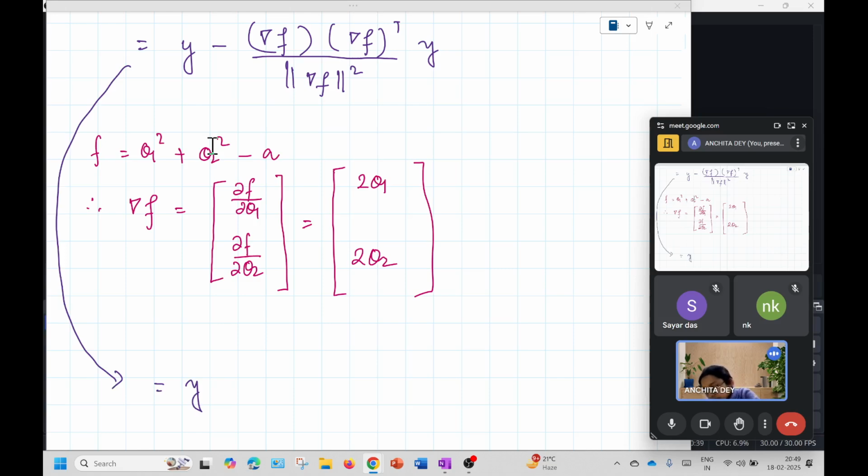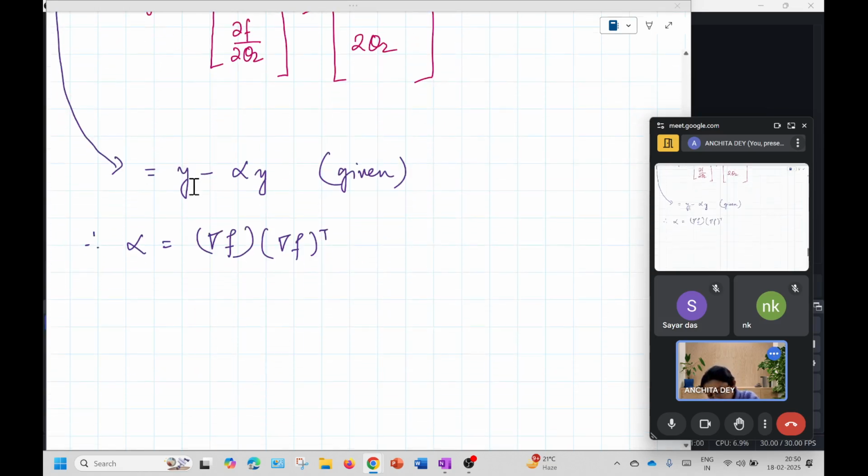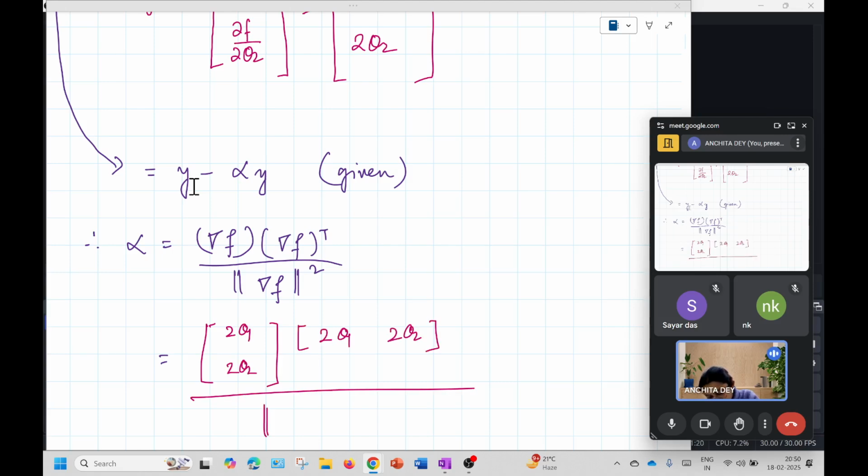So turns out that this becomes equal to, let's not put it in this way, because it was given to us that this is equal to y minus alpha y, right? So therefore alpha is equal to grad f into grad f transpose divided by the norm of grad f squared, which is simply equal to, if we replace this, twice theta 1, twice theta 2 into twice theta 1, twice theta 2, divided by the norm of grad f squared.